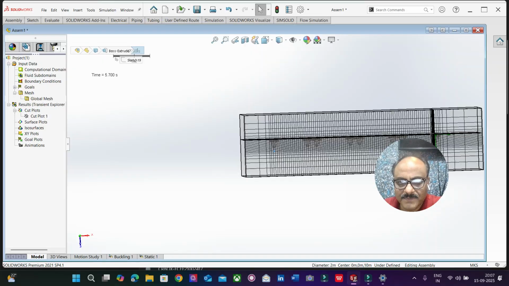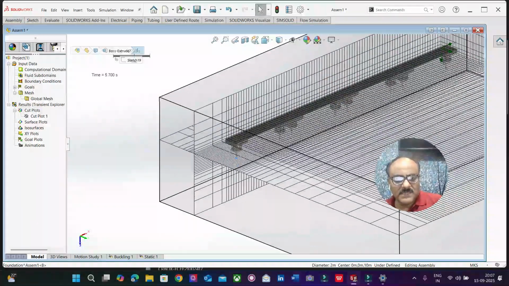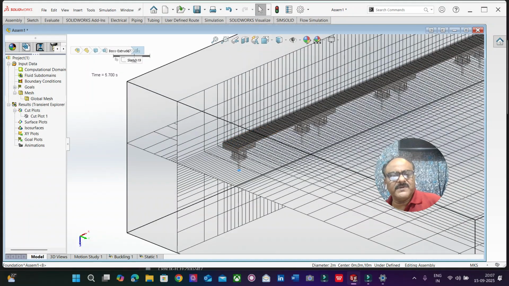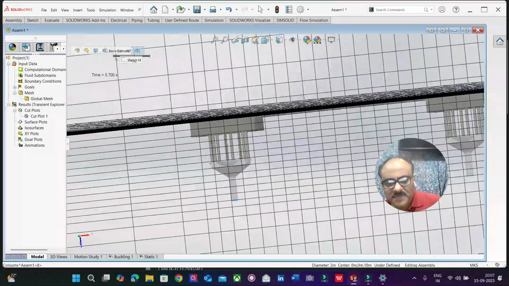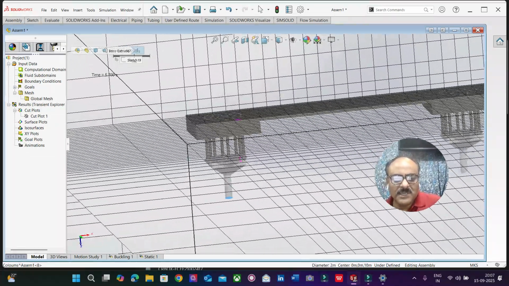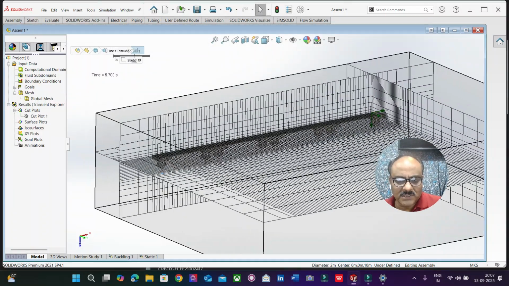This can be further refined. There are certain parameters, and using those parameters we can reduce the size. For this particular model, this is sufficient, and my flow parameters can be found with this.